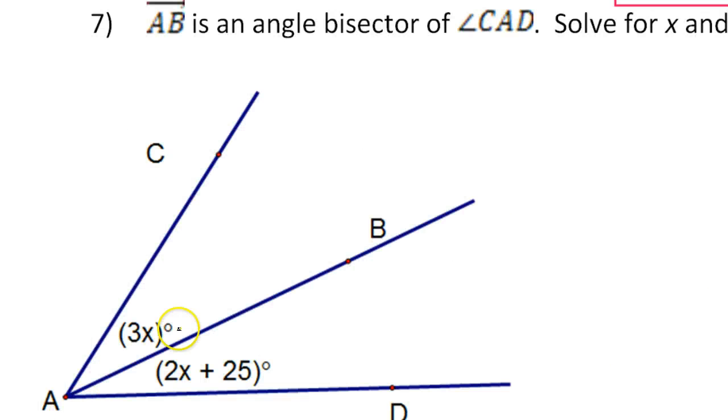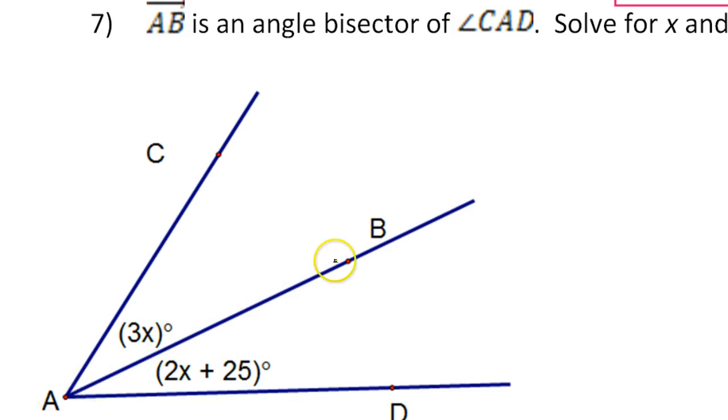Alright, for number 7, we're told that AB is an angle bisector of angle CAD. And we're going to find x and then use that to find the measures of the angles. Well, to be a bisector means to cut something in half, 2 equal parts.